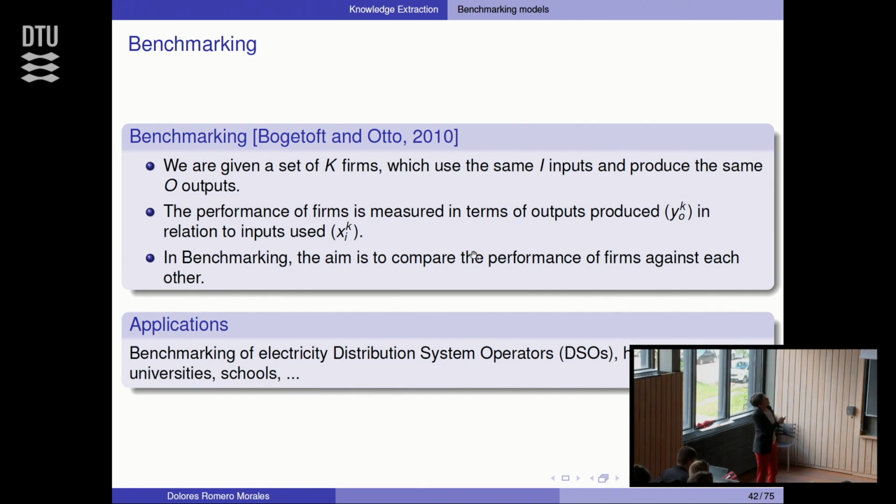So what I'm going to show you today is a classical model. It's very old, Charnes and Cooper, 60s, many of you weren't born. Me neither, by the way. I have K firms, and I'm trying to see which ones are efficient and which ones are inefficient.